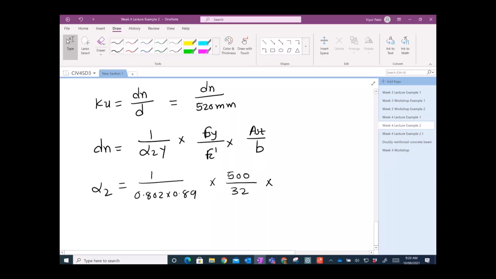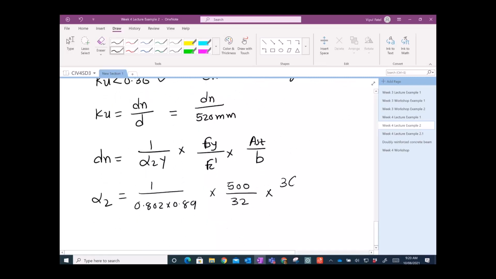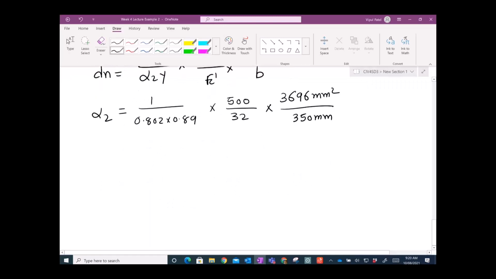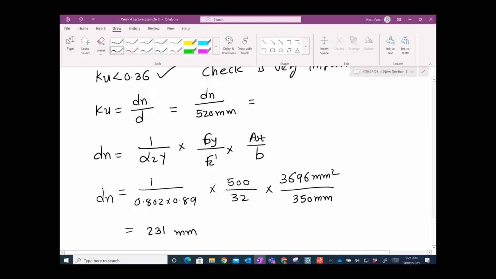And Ast we just estimated, 3696 millimeter square, over b was 350 millimeters. Sorry, this is not alpha 2 but dn. So this dn, if you work it out, you get 231 millimeters. Now let me check Ku. 231 over 520, you get a Ku value of 0.44.